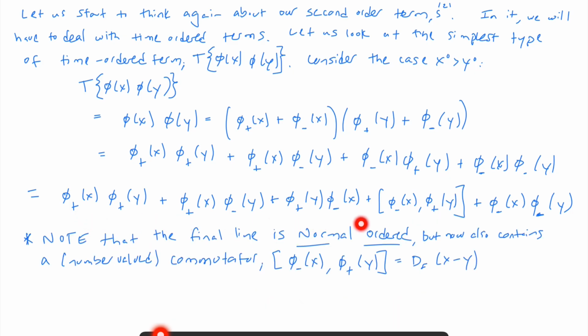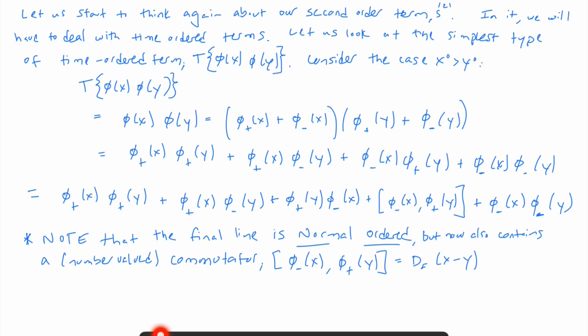Now take a good look at this. If you look at this line just before it, technically each of these is so-called normal ordered. If you remember, normal ordering is different from time ordering; normal ordering means that all destruction operators are to the right. In this case, there are no destruction operators, so there's nothing to switch. There are only creation operators.